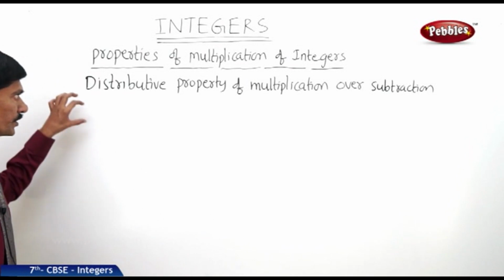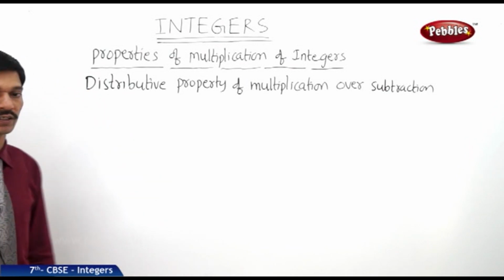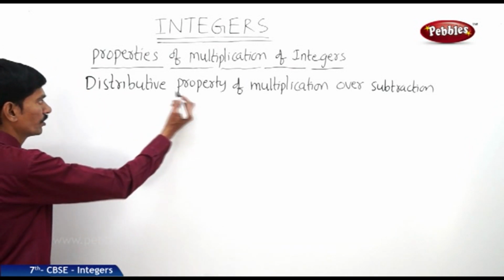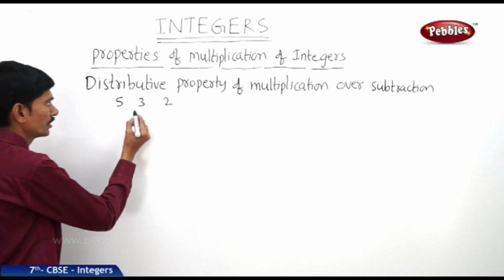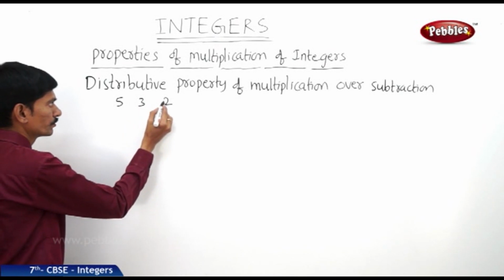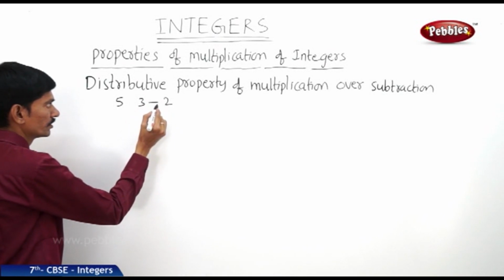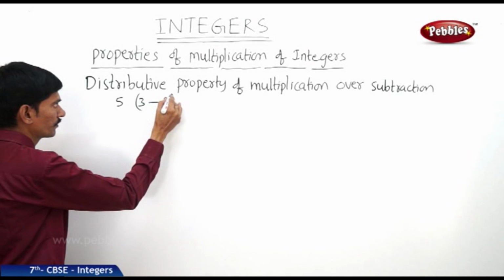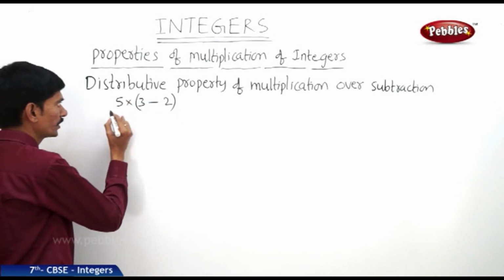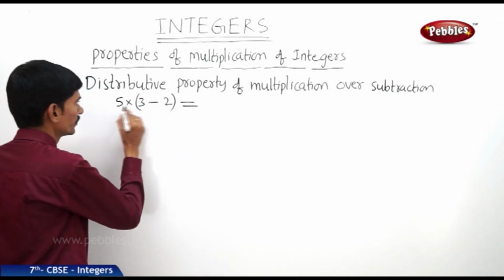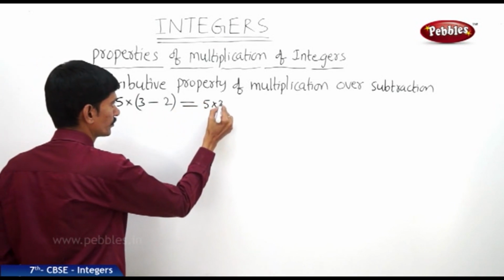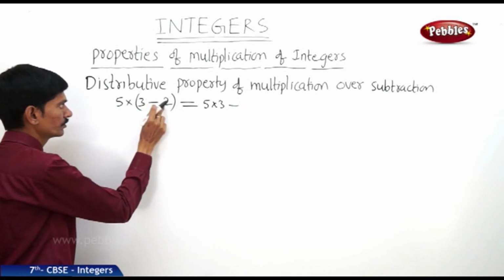Now let us see the distributive property of multiplication over subtraction. Now take any three whole numbers 5, 3, 2. Here 2 is subtracted from 3. So 3 minus 2, and this is multiplied by 5. So when you multiply 5 by the difference of 3 and 2, this is the same as 5 into 3 minus 5 into 2.